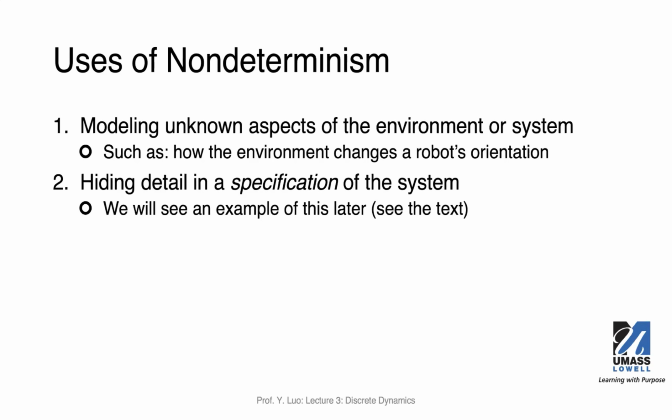So these are environment effects that could affect the status or signals that you use as input. Also, you can use this non-determinism to hide details of the system. And there's a more detailed explanation, an example, in the textbook.